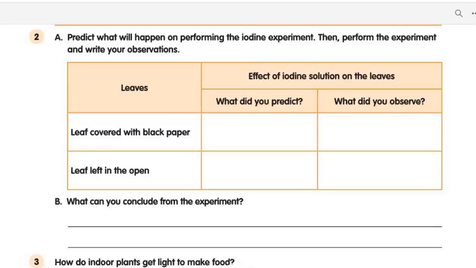Okay. Question number 2B. What can you conclude from the experiment? What is the conclusion of the experiment? The conclusion is that plants need light to make food. So the answer is, the conclusion is that plants need light to make food.